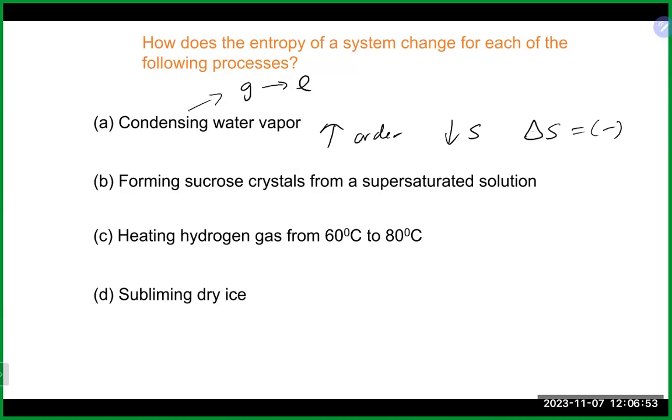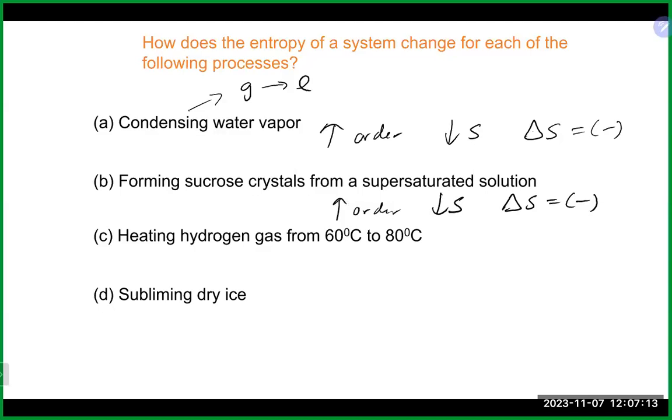Forming sucrose crystals from a supersaturated solution. Sucrose crystals are a solid, and a crystal is a fairly organized entity. So that's also going to increase the order, which should decrease the entropy, and our delta S here should be negative.